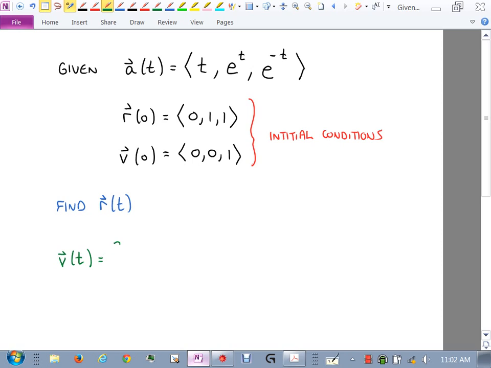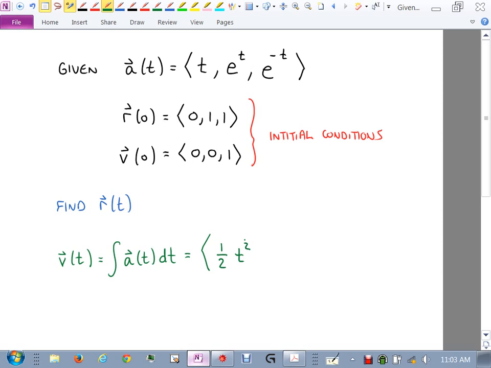V of t is the antiderivative of the acceleration vector function with respect to time. And so we saw that when you integrate a vector function, you integrate each component. So all I have to do is integrate each of these components the way I did in integration in Cal 2. So what's the antiderivative of t with respect to t? It's 1/2 t squared plus a constant, right?